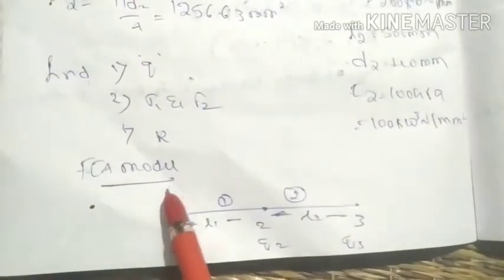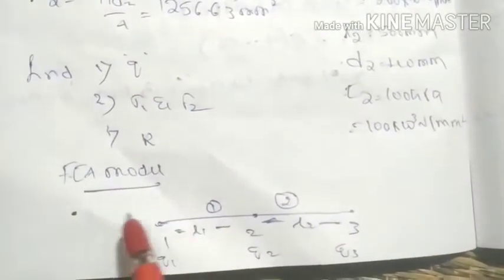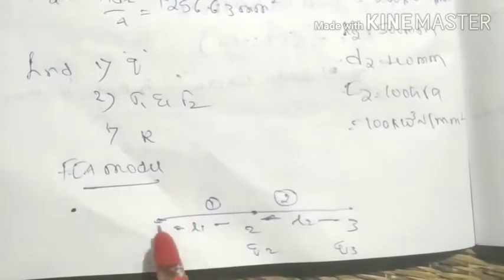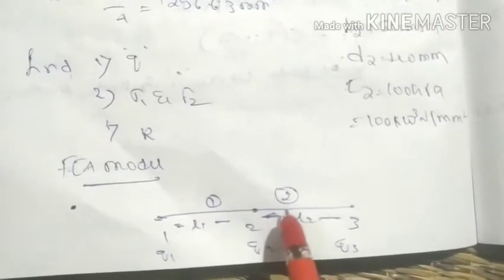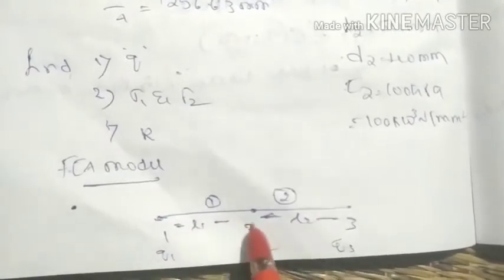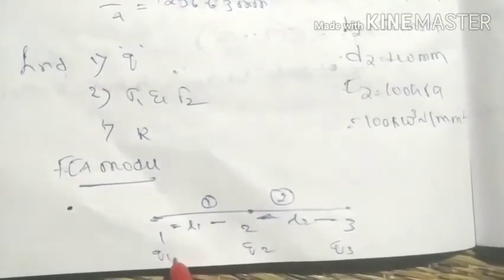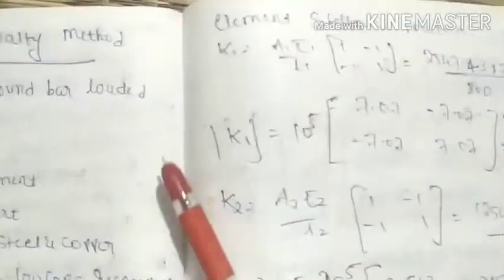The first step is to write the FEA model. We divide into two elements having nodes 1, 2, 3 and nodal displacements Q1, Q2 and Q3. The second step is to find the elemental stiffness individually.